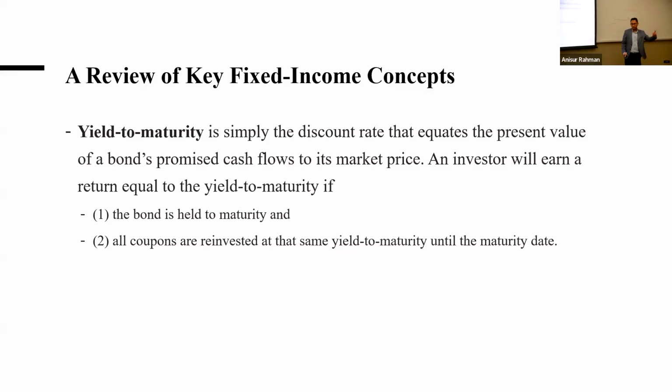And then let's say 1, 2, this represents the end of each year. Bonds usually pay semi-annual coupon payments, but let's say they pay each year, right? And when you bought the bond, you paid the price.